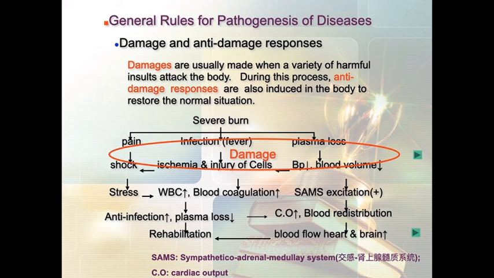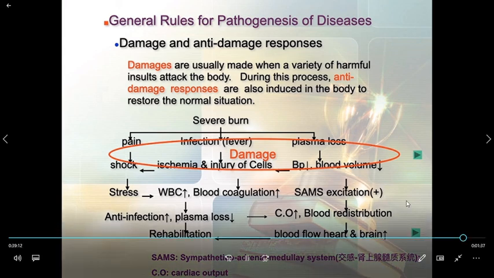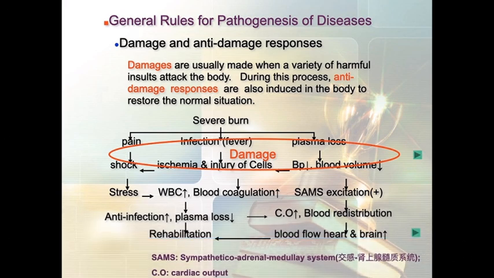And on the left side, the increase of WBC and blood coagulation. WBCs, we all know, are soldiers that fight against infections, the anti-infection factors. And coagulation will lead to a decrease of plasma loss. We'll stop further loss of plasma.